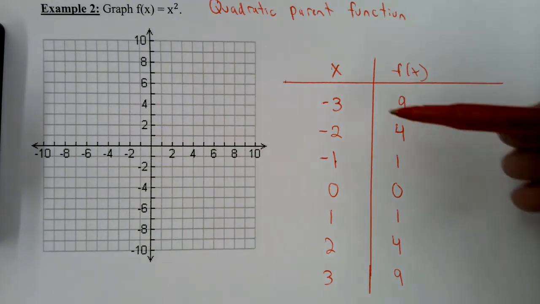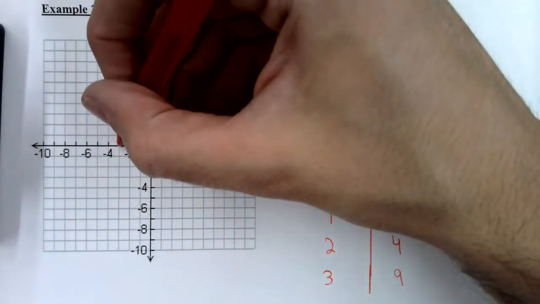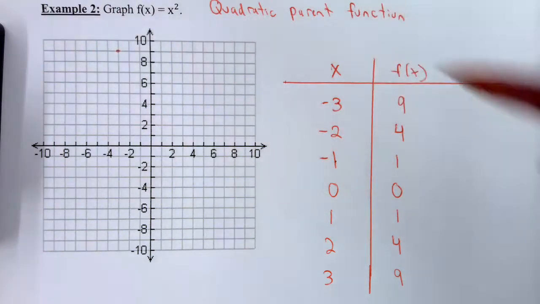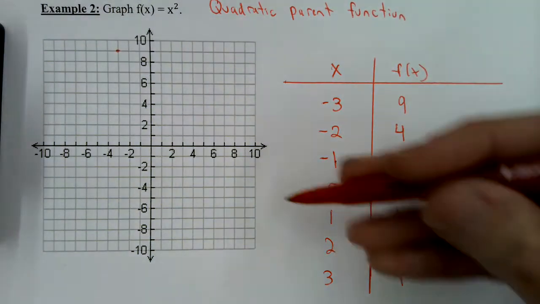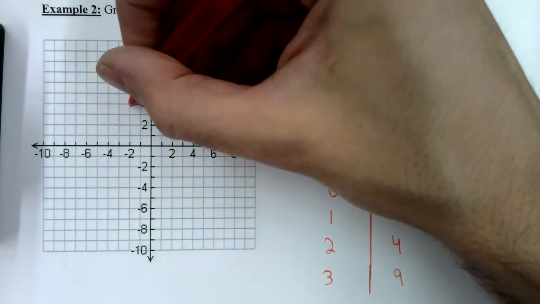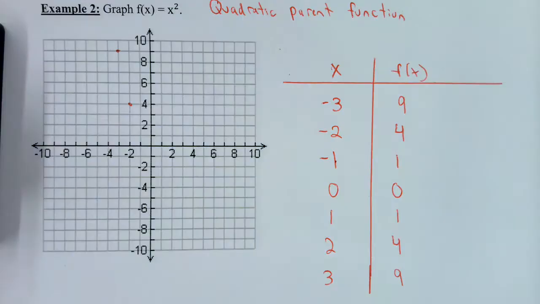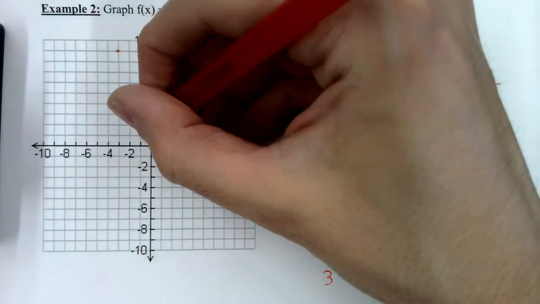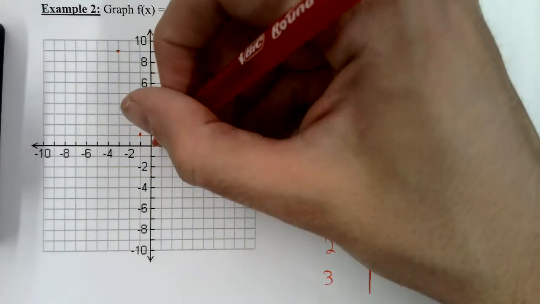We got negative 3, 9 first. Next we got negative 2, 4. Then we got negative 1, 1. We got 0, 0.